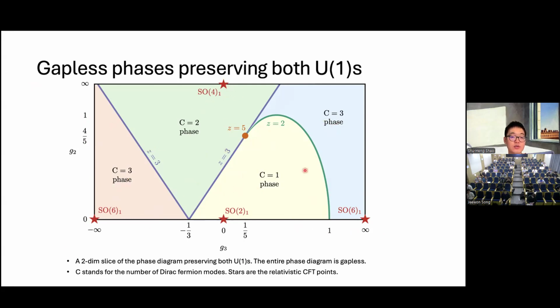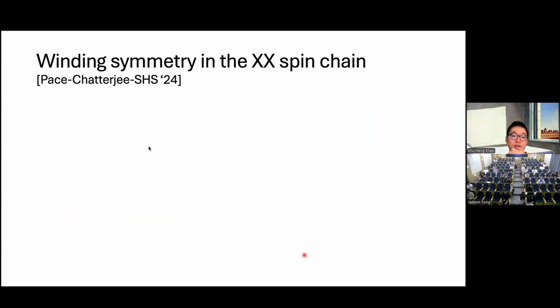These are some Wess-Zumino-Witten models. Then there are also some interesting Lifshitz transitions between different parts of the phase diagram. All right. So that's all I want to say about the fermion model in 1+1D. This model is closely related to a boson model of a spin chain.